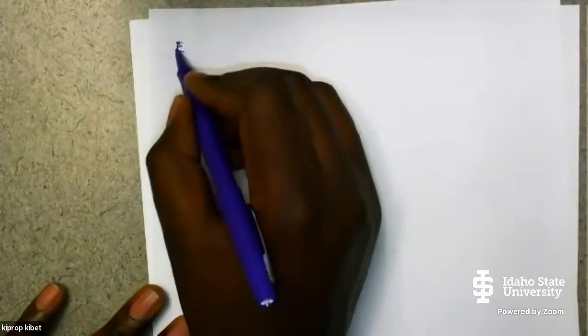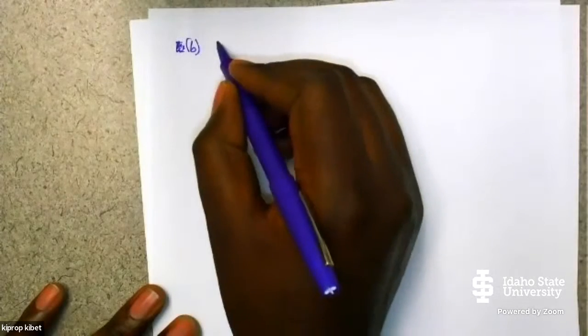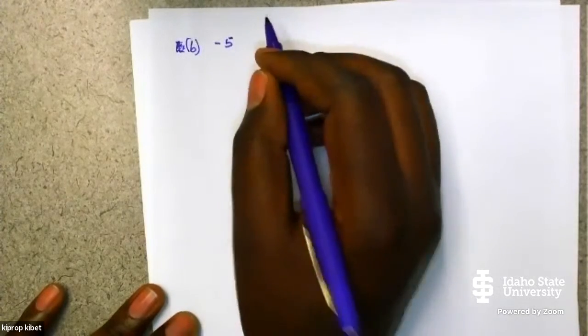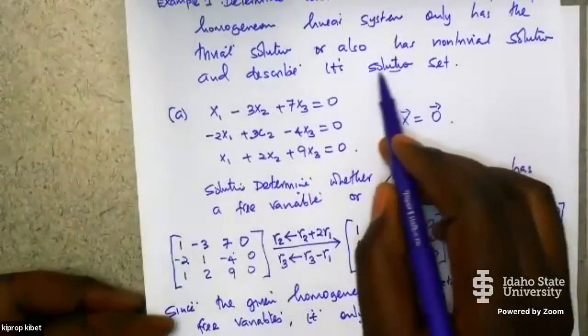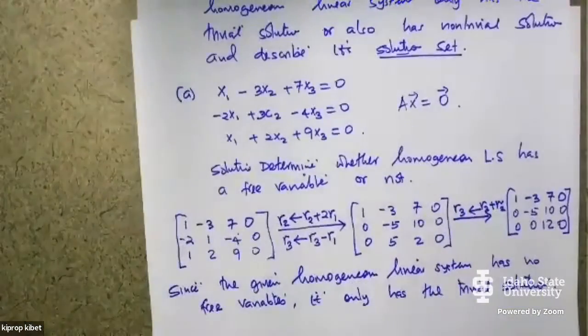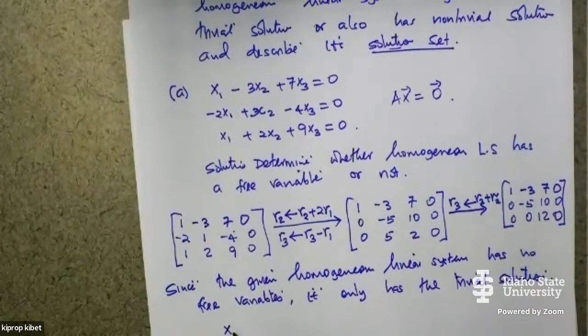Okay, example number B. Before we go, we also said describe the solution set. So it means that the solution set here is x1 equals 0, x2 equals 0, and x3 equals 0.